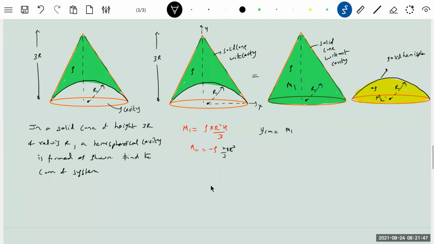Nobody will ask you to derive the center of mass of a cone. In application problems like this, if you don't know the center of mass of a solid hemisphere or solid cone, I don't think you can really manage anything in the exam. It is h by 4 from the base, 3h by 4 from the apex. From the base it should be h by 4.